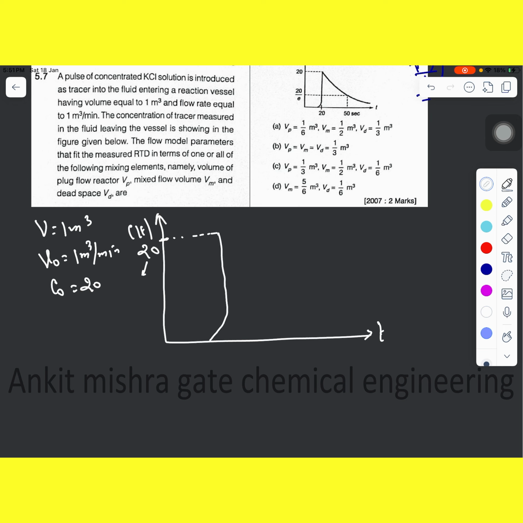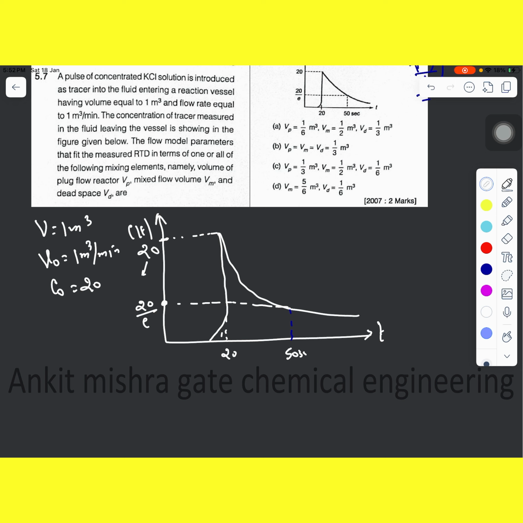This curve is concentration versus time, and at t equals 50 seconds the concentration has been given to you as 20 divided by e. So the numerical value of concentration has been given at that time.